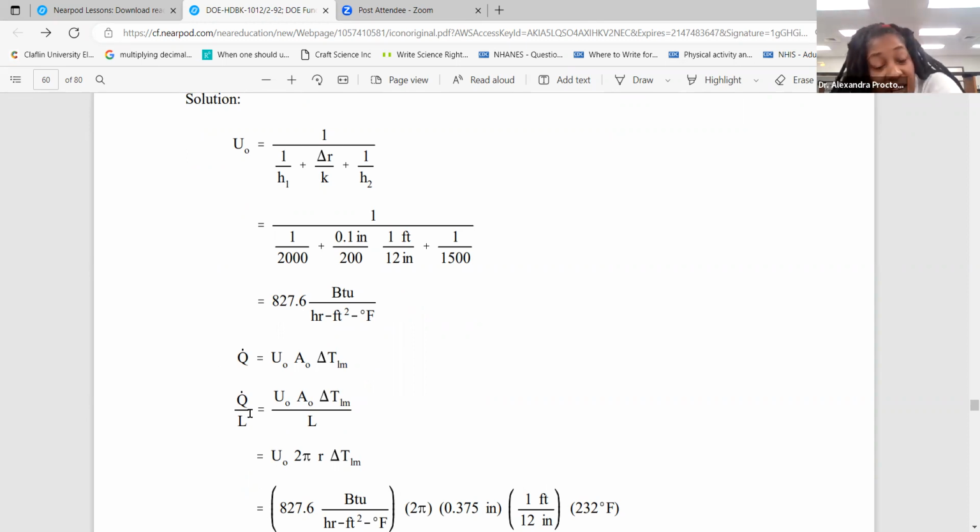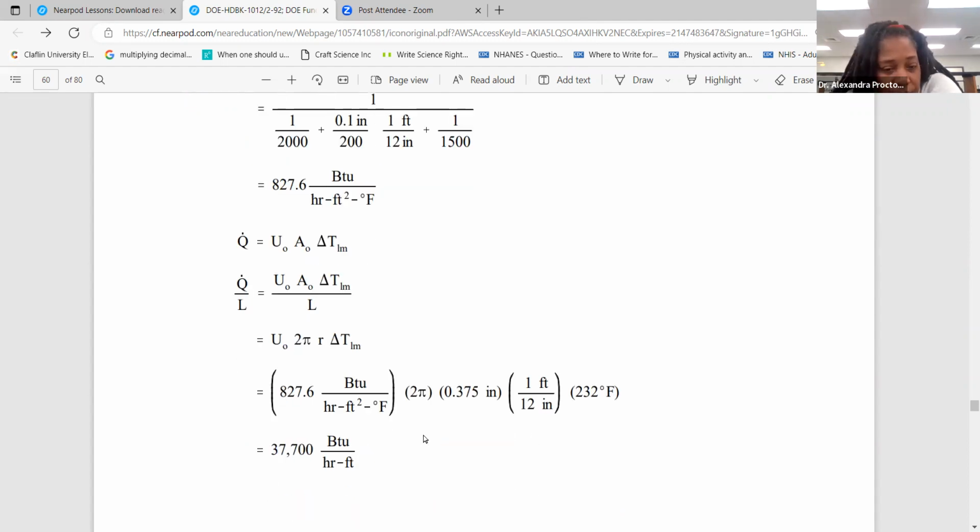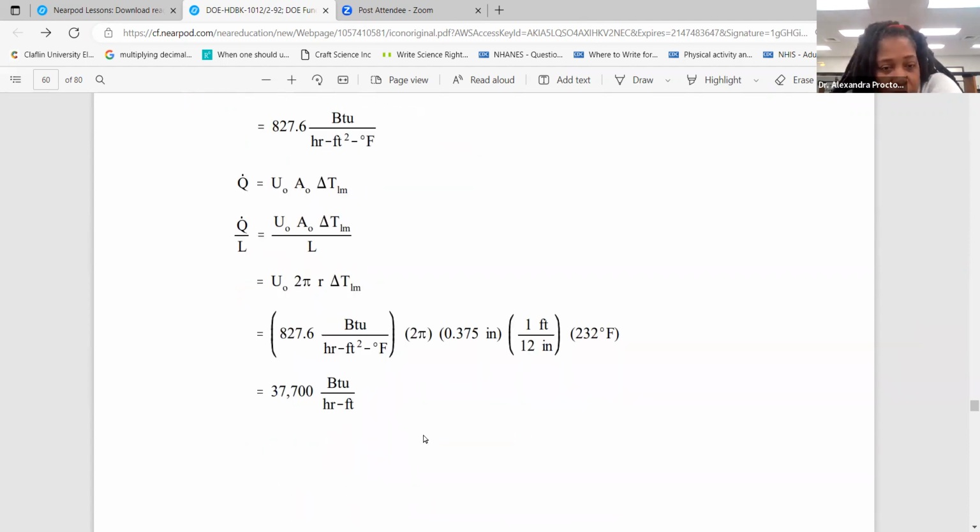Okay, this is all a derivation. And so they're giving you a final equation: Q over L is equal to U sub 0, 2 pi R times delta T LM. So they're giving you a final equation.